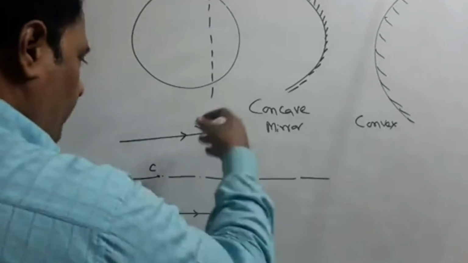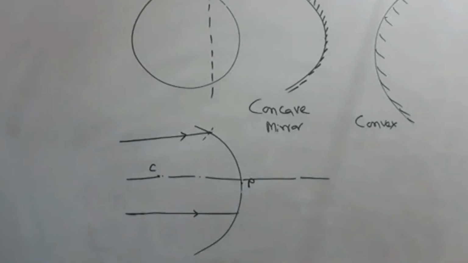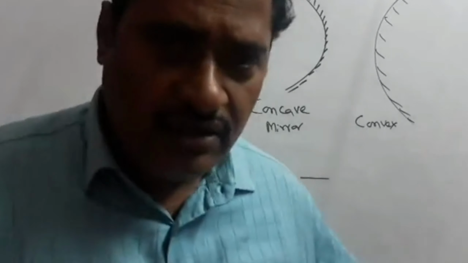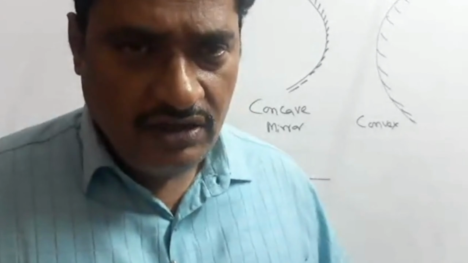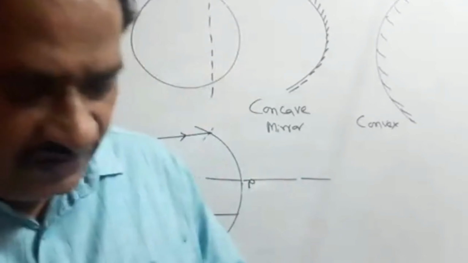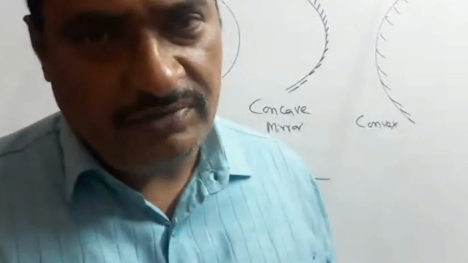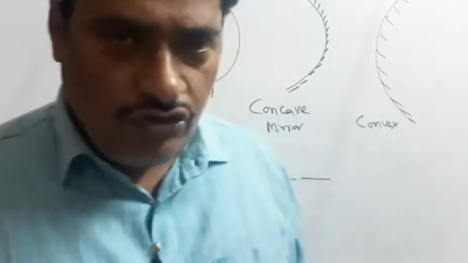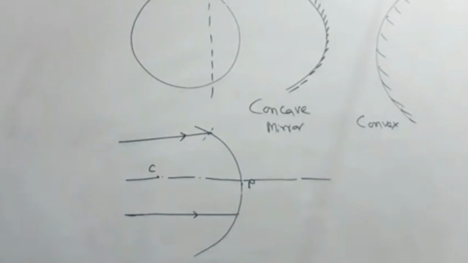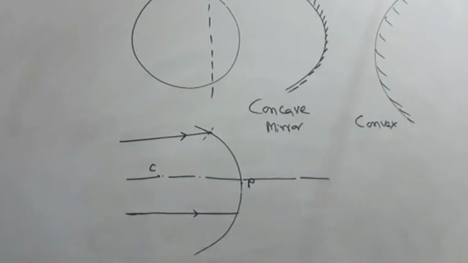Whenever after reflection, in the case of concave or convex, there should be one point such that the reflected light rays are converging to that point or diverging from that point. So you can see that point of convergence or point of divergence. That point is called the principal focus.